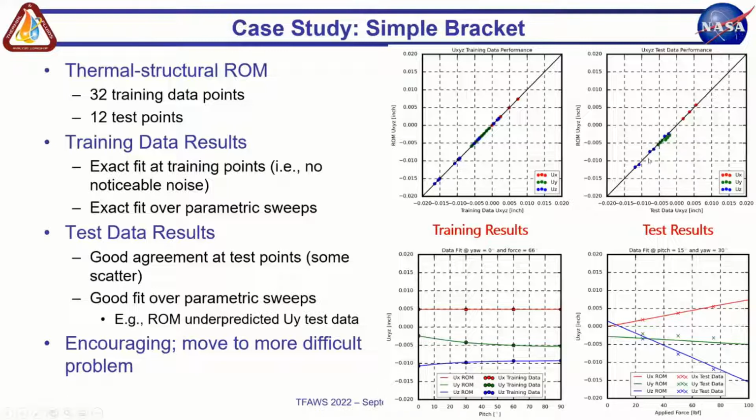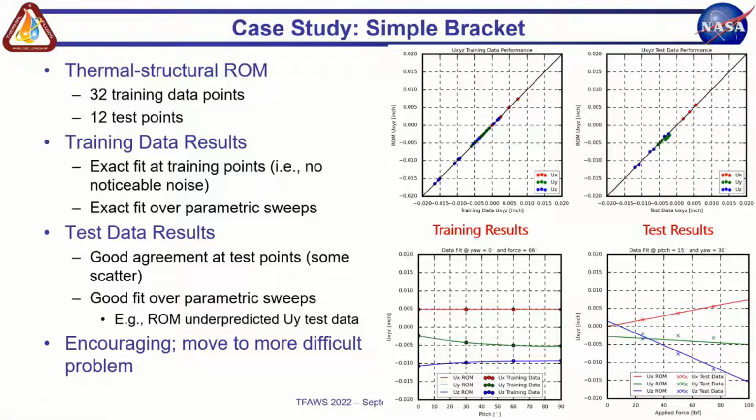They're not falling on a perfect 45, maybe slightly off. And that's to be expected. The reduced order model at non-training data points won't perfectly replicate these test points. And we did the same thing down here with these parametric sweeps. And again, we see a little bit of disagreement between the ROM and the truth results.